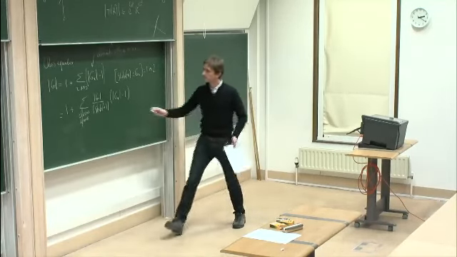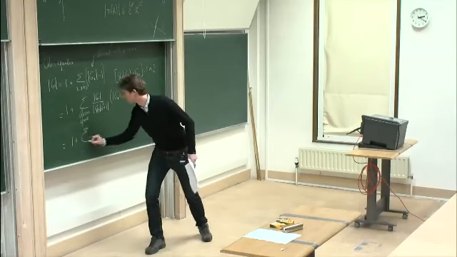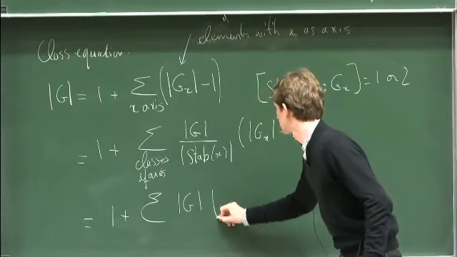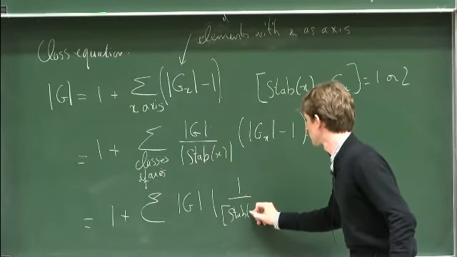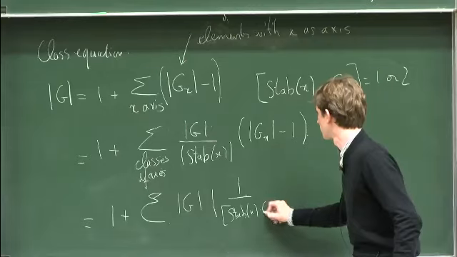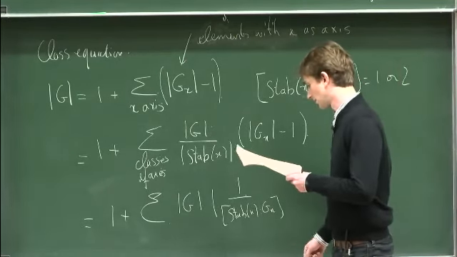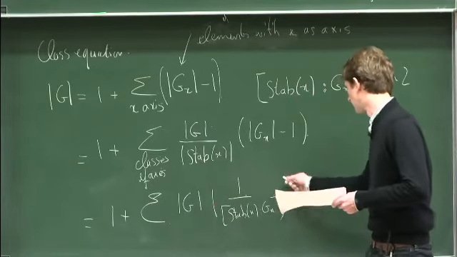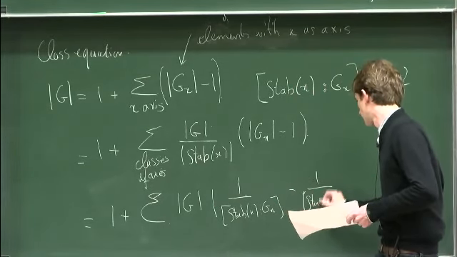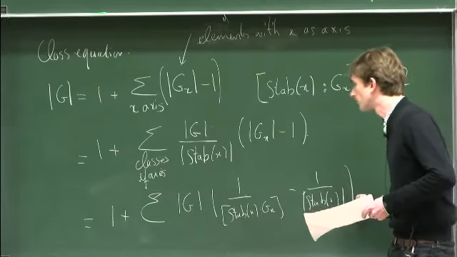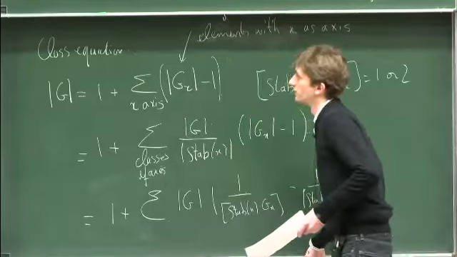Then you rewrite it like this: 1 over this index, which is either 1 or 2, minus 1 over the stabilizer. So you get this nice class equation.